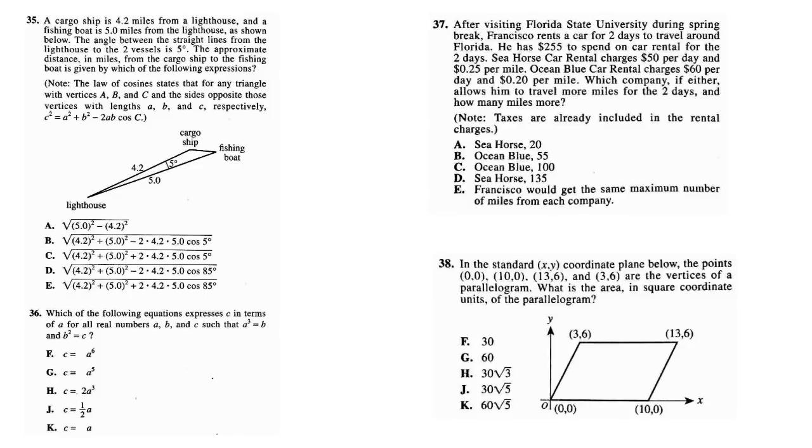Okay, in question 35, a lot of students get lost in such a long problem. Do skim through the problem, but in doing so, make sure you're looking for a formula. And notice down here they're giving us that formula, and that's actually the law of cosines. And this big C out here, that's going to be the given angle.